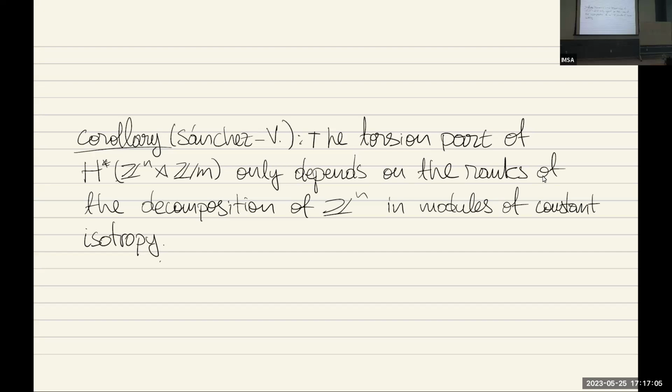Note that it may happen that two non-isomorphic groups have the same rank decomposition of the module. Then it could happen that we have two non-isomorphic groups that have isomorphic cohomology torsion part.